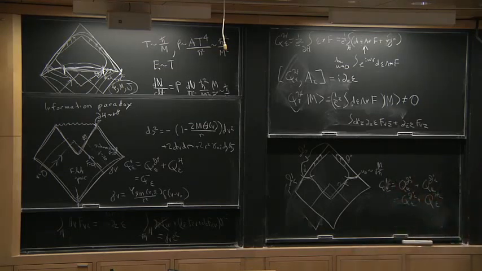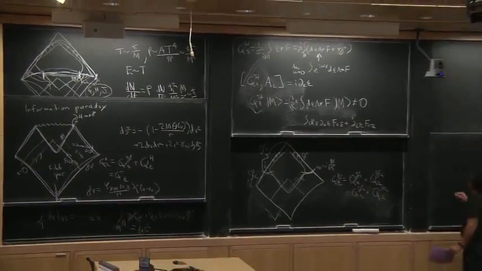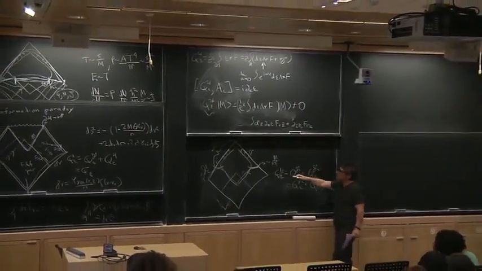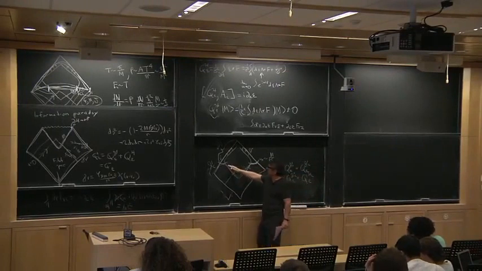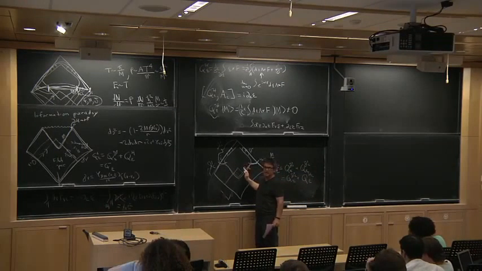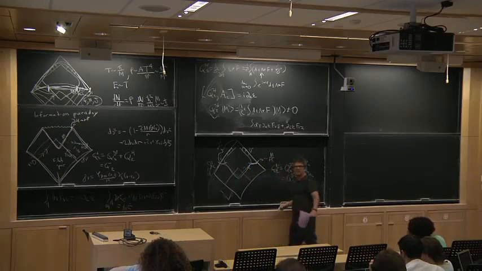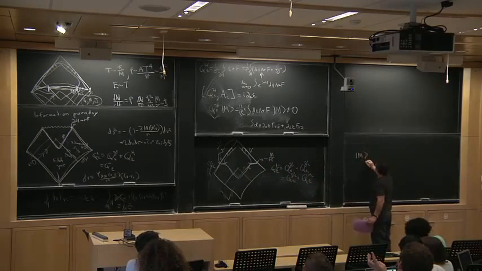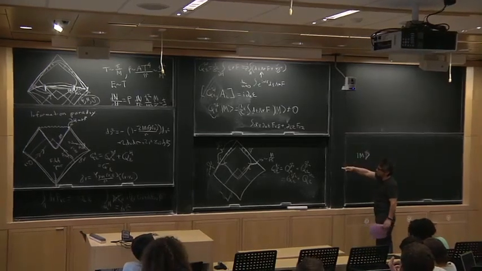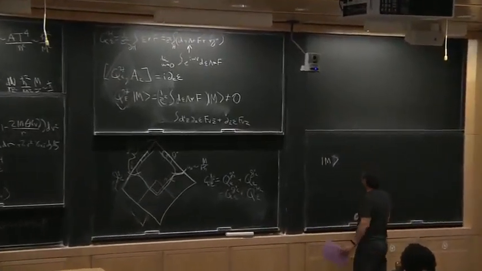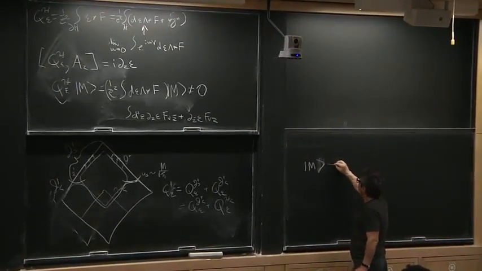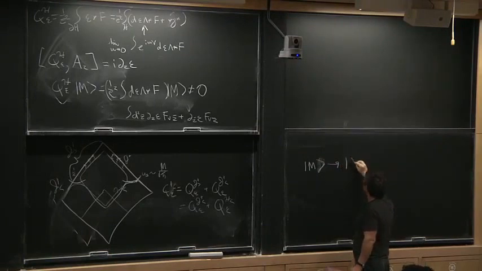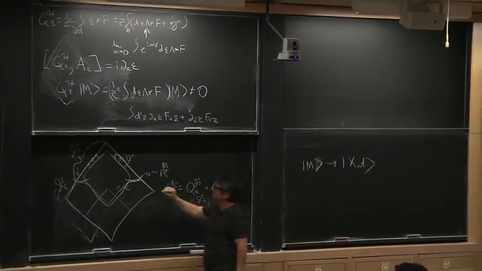So now let me suppose that I have some quantum state of the black hole, m, and I let the black hole evaporate, and I find that m, which is a quantum state defined on H lesser, under time evolution goes to some outgoing state x out up here.